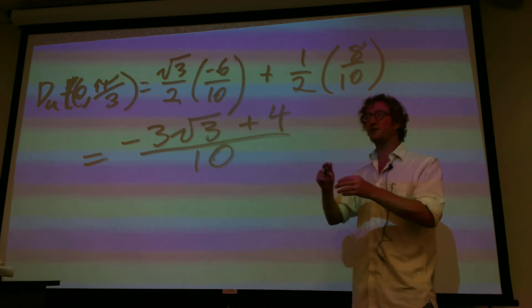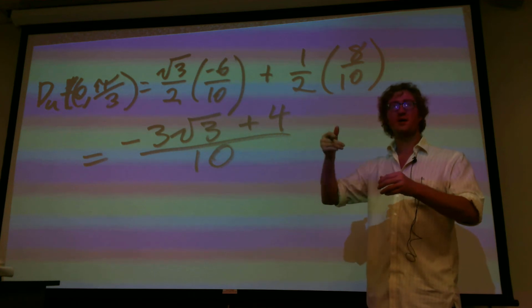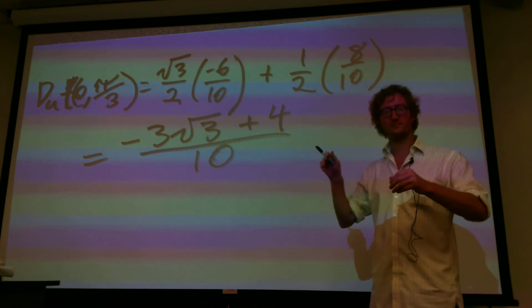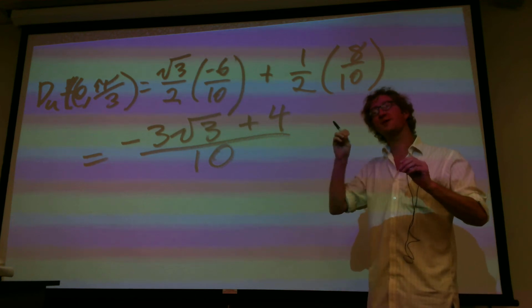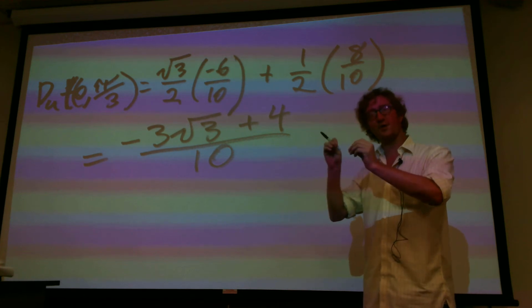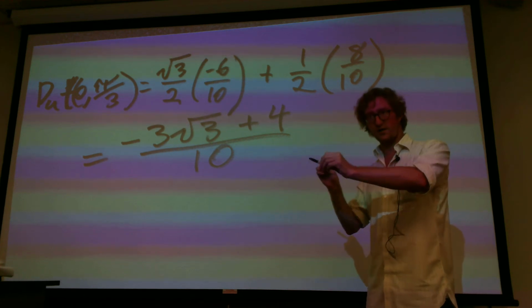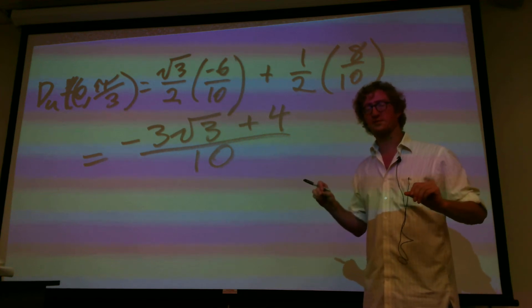Because you have to imagine, if you have a surface, you can have vectors pointing in any direction at a single point. So if we want to calculate the slope of the tangent line at that point in a certain direction, then this is what the directional derivative actually does.